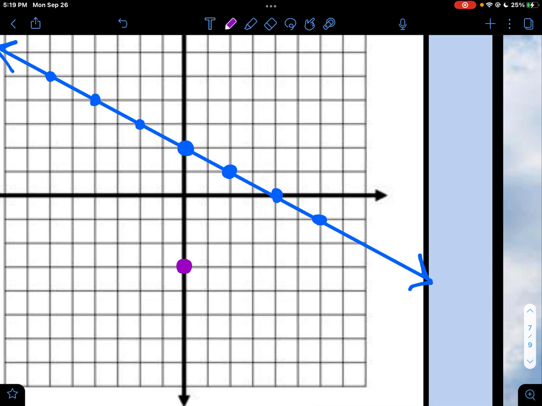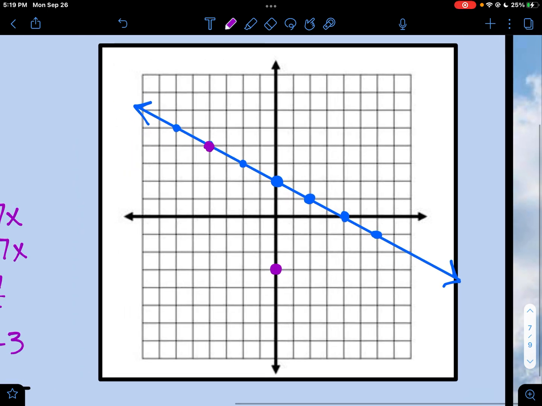1, 2, 3, 4, 5, 6, 7. 1, 2, 3, 4. Okay, I see where they're going to intersect.